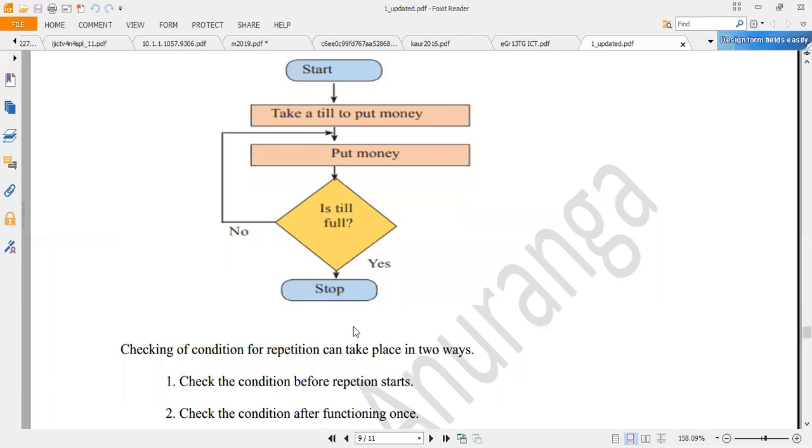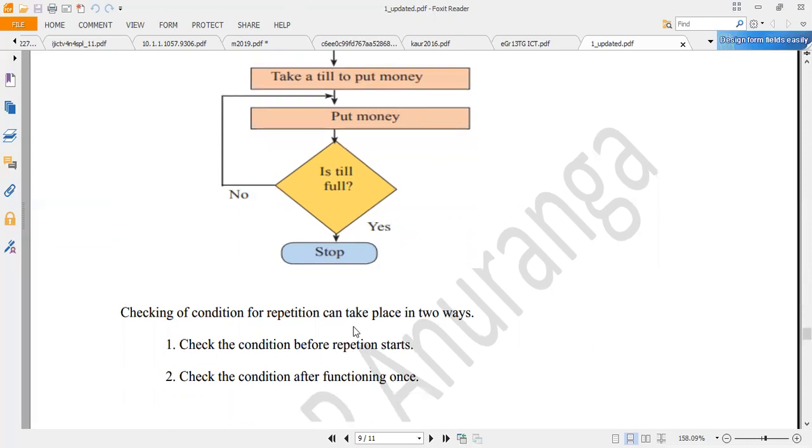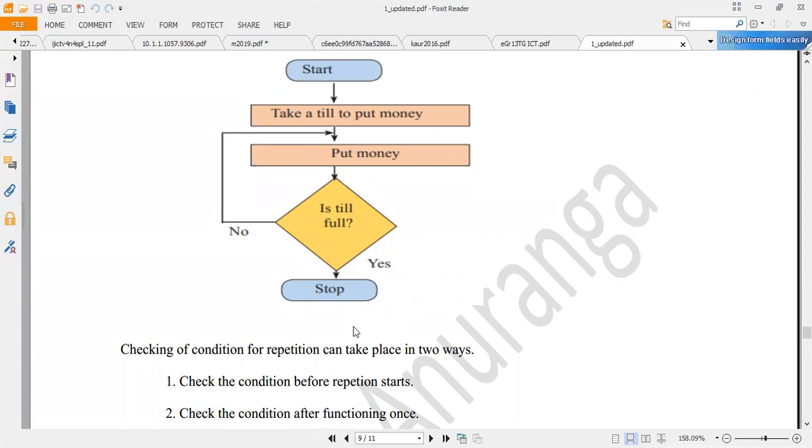Then there is a condition: is the till full? If it is not full, then put the money again. When the till is full, the process is stopped. It is a simple scenario, but you should identify the scenario-wise repetitions, the process with the input and output. There are two processes and the stop state.